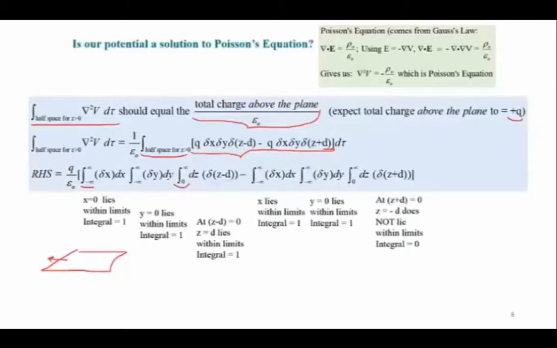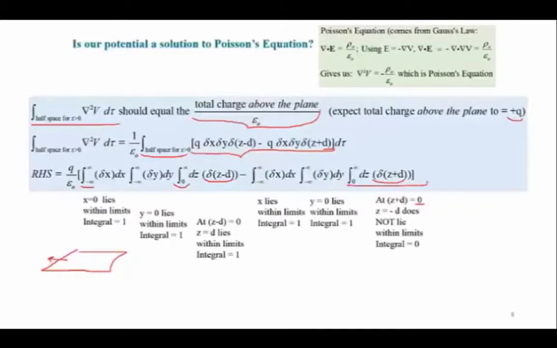So we put in our delta functions, the first one and the second one. However, notice that we're staying above the plane. At all z plus d, you will get 0, because z cannot equal minus d. So this will never reach any finite value, and you'll always get 0 for this integral.